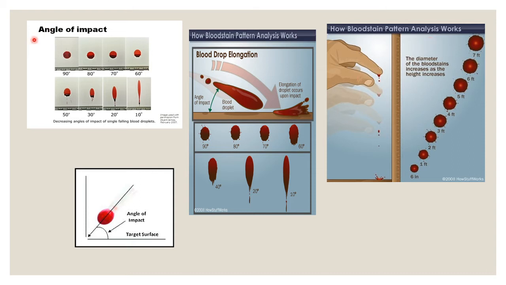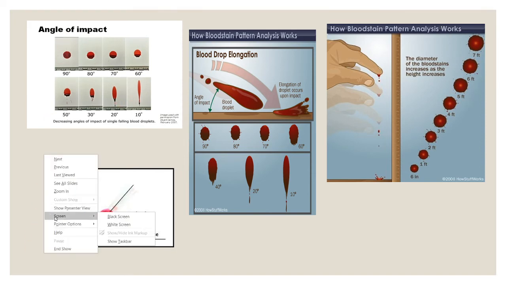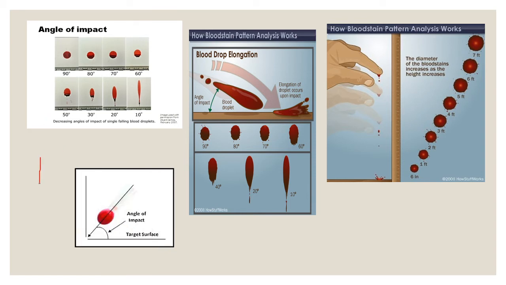And by seeing the angle of impact, when the angle of impact is 90 degrees, the blood falling at 90 degrees is spherical in shape. And if it is falling at an angle like this, again the shape will change and be reduced.